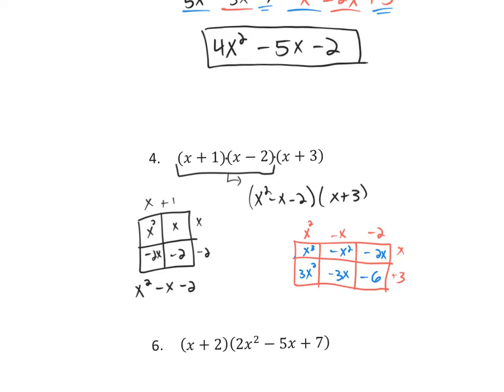Looks like my diagonals line up, so I am lucky, and the answer to this problem is x to the power of 3, 3 minus 1 is 2, so plus 2x squared, and negative 3 minus 2 is negative 5x, and then negative 6. So this is the solution to this problem.